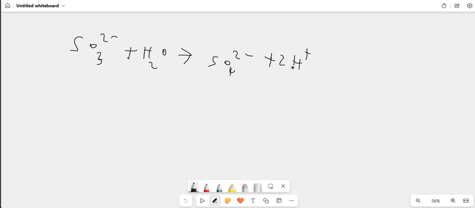So write SO2, SO3 2 minus, and then the second equation, Cr.